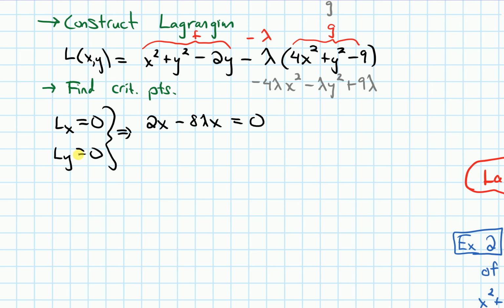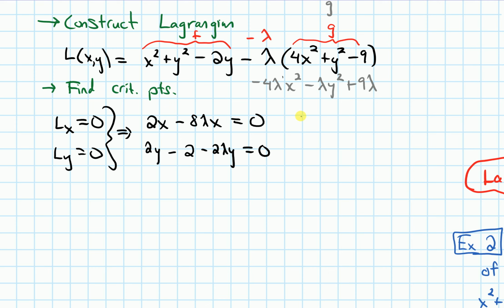For the partial with respect to y, from the first three terms, we will end up with 2y minus 2. And then from the last three terms, it's only the minus lambda y squared that's going to give me a non-zero partial derivative. So for that one, I will end up with minus 2 lambda y. And I set this equal to 0 because I'm trying to find the critical points.